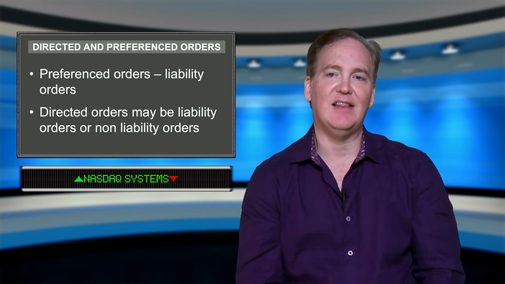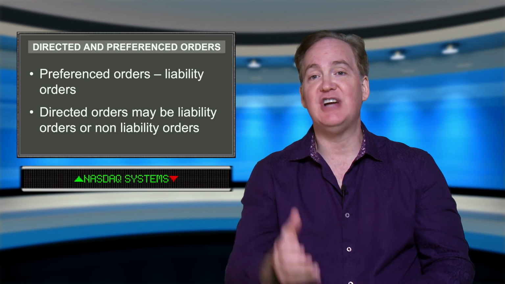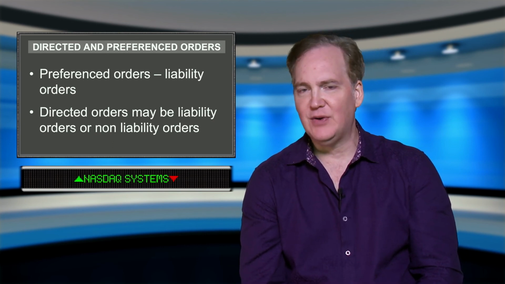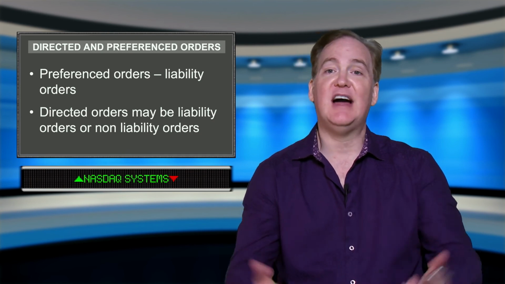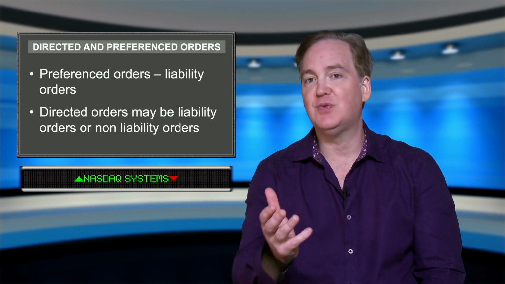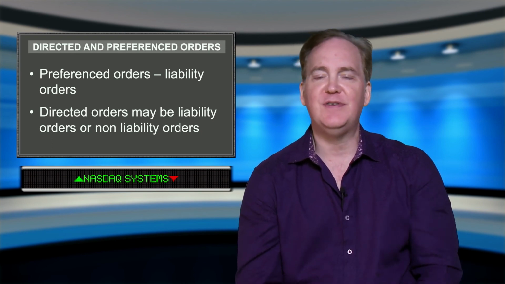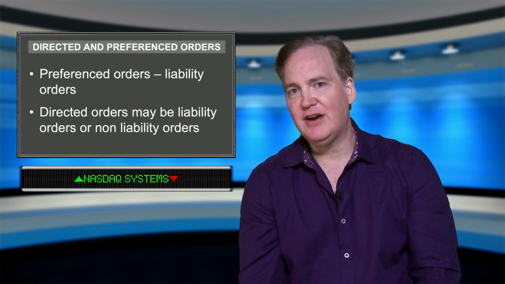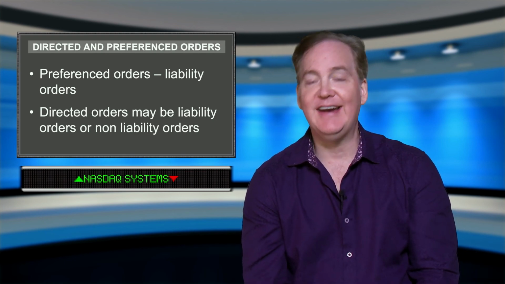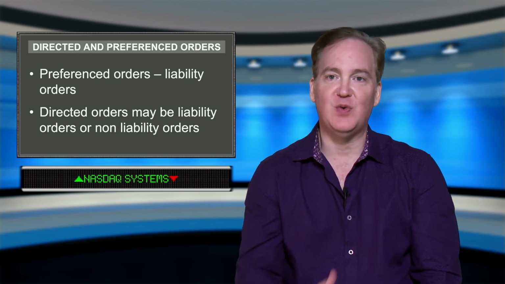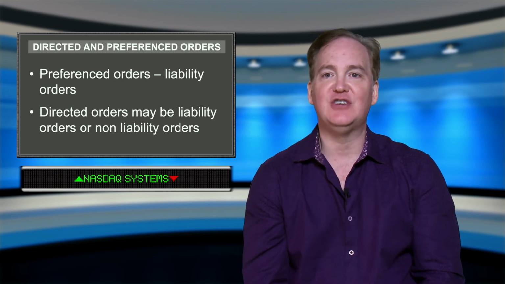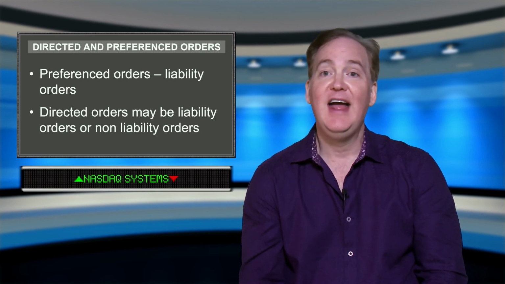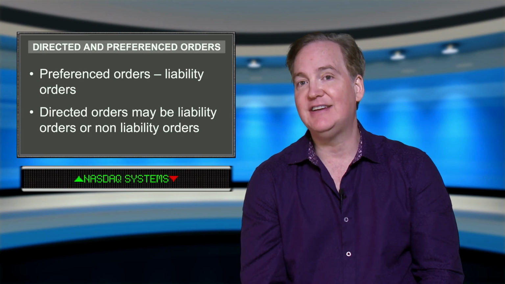In this case, that's not a liability order. The market maker can just reject it, no thank you. Another way that a directed order is not a liability order: maybe the stock is $25 bid, offered $25.05, and an order entry firm pings or instant messages a market maker, perhaps market maker 1 again, and they are offering the stock at the inside offer of $25.05, and the firm wants to buy the stock at $25.02. Well, that's 3 cents under the market maker's offer. Therefore, they are not obligated to fill that order.